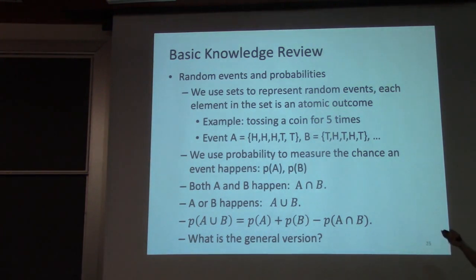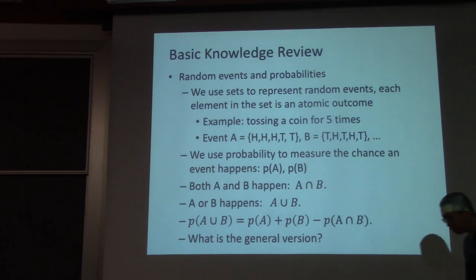When we say P(A) is 0.5, it means we have a half chance of event A, that is, 3 heads up and 2 tails up happening. We can also assign a probability measure to another event B.